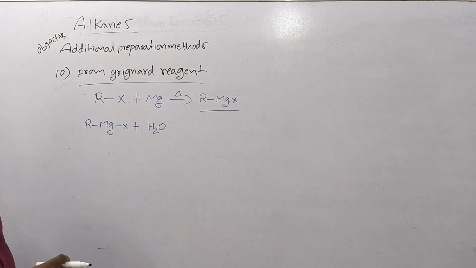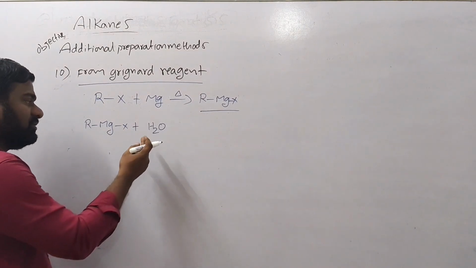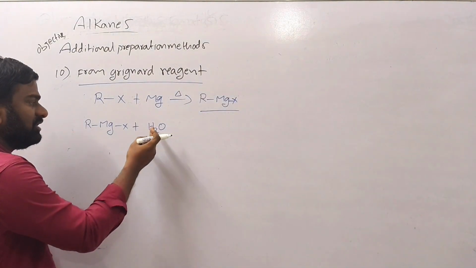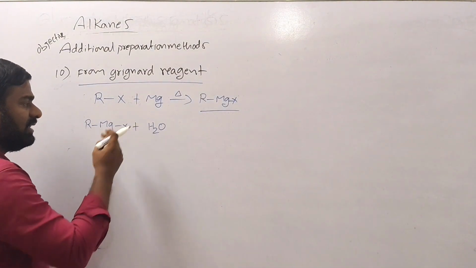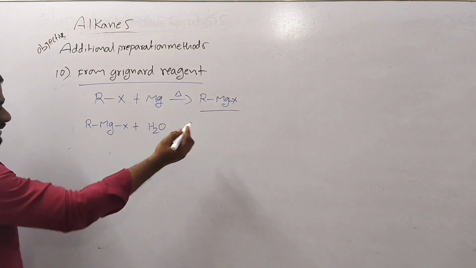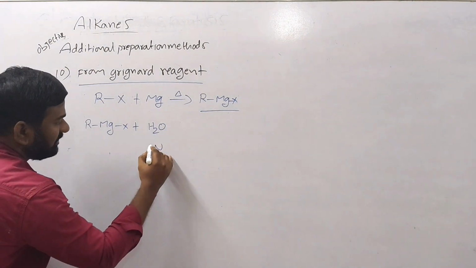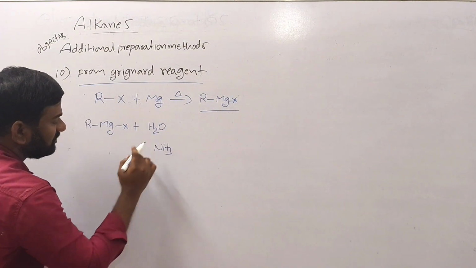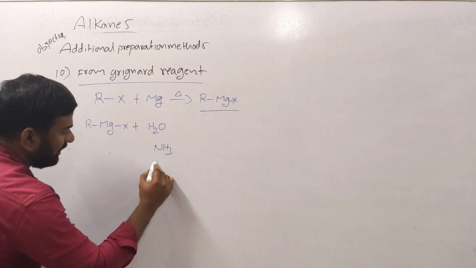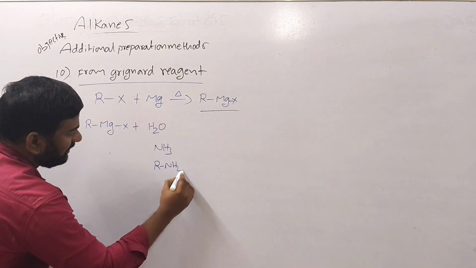So acidic hydrogen means hydrogen attached to a more electronegative atom. Next one, NH3, where hydrogen is attached to nitrogen. Next, RNH2, amines, we can also take.